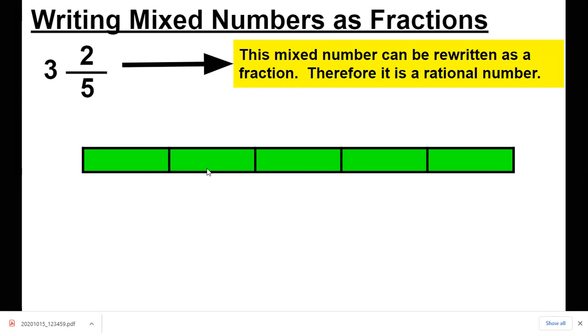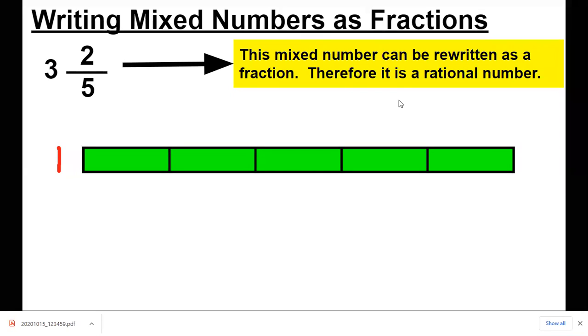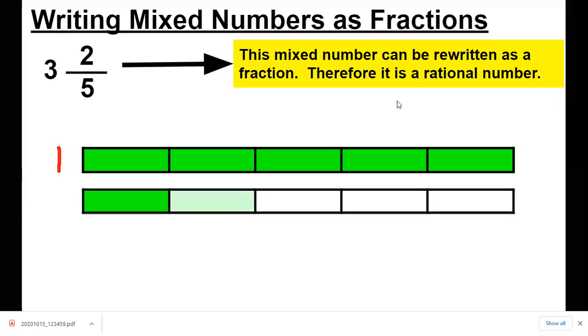If this was a rectangular pizza, I would have 5 pieces there. And if I ate all 5 pieces, I would have eaten the whole pizza. I would have eaten 1 whole pizza, right? I have to eat another whole pizza because I have to get to 3 wholes. So there's 1 piece, 2 pieces, 3 pieces, 4 pieces, and 5 pieces.